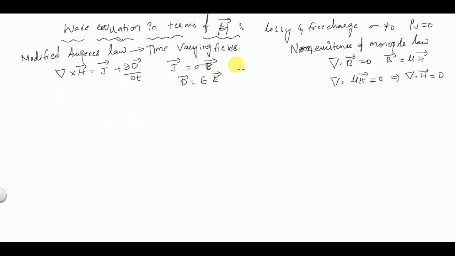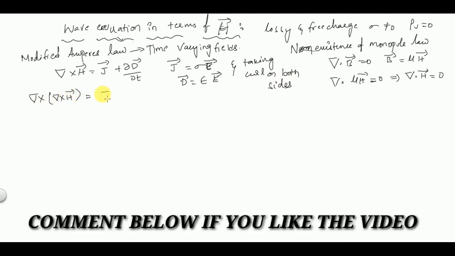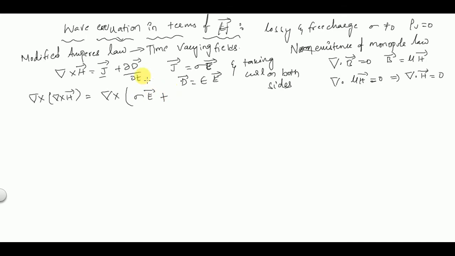Taking curl on both sides, what we'll get is del cross del cross H is equal to del cross, in the place of J bar, sigma E bar, plus dou D bar by dou t, which can be written as epsilon into dou E bar by dou t.